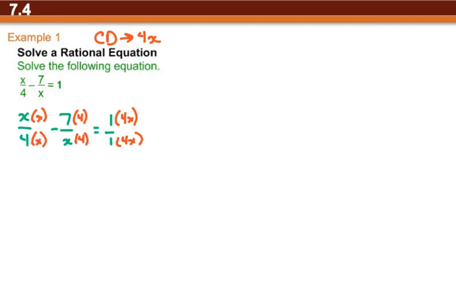Multiplying this out, we get x squared over 4x minus 28 over 4x equals 4x over 4x.